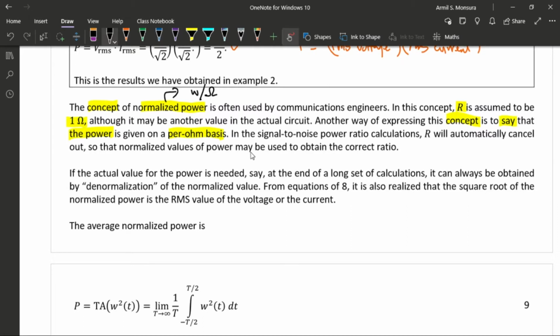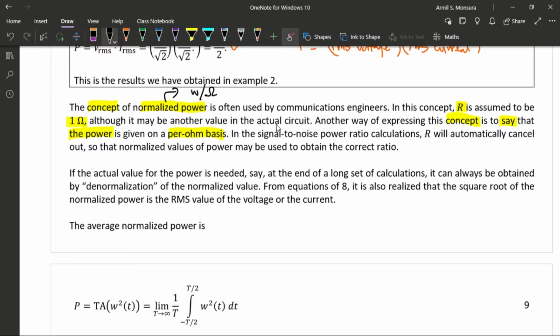So, yan yung dapat unit ng normalized power. But we don't normally use that unit for normalized power. Instead, we use the definition. That is, if we have a circuit having a load of unity resistance, then yung power na i-dissipate ng load na yun is the normalized power.